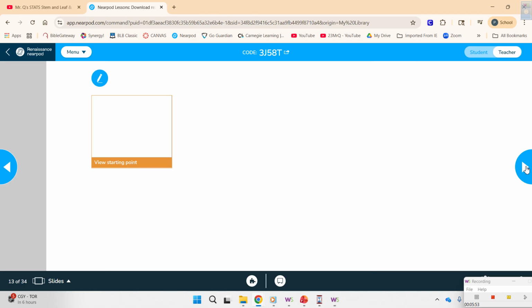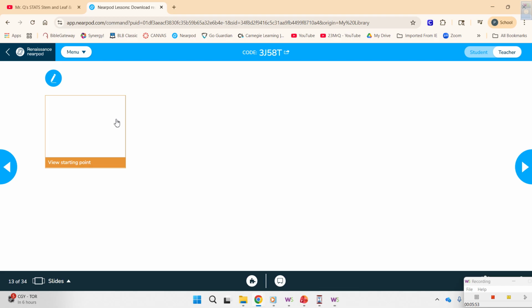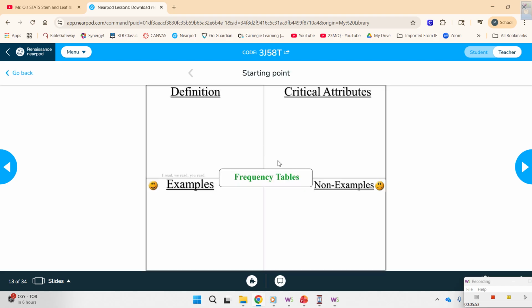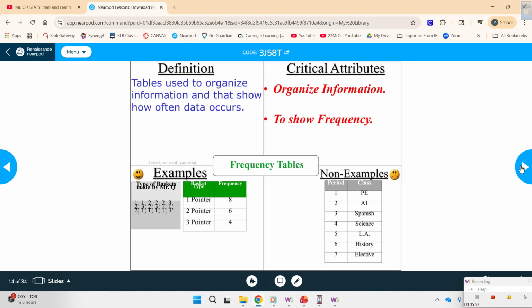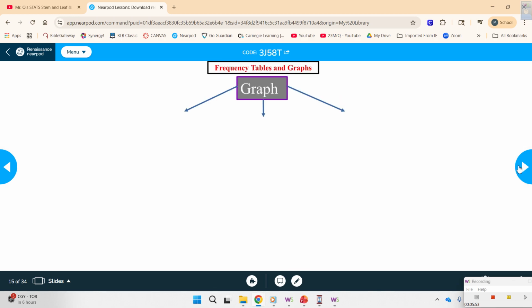Remind your neighbor what is one key aspect of frequency tables? What is a must for frequency tables? Frequency, that is correct. Next, tell your neighbor the 3 graphs that we started with, translating those distributions.